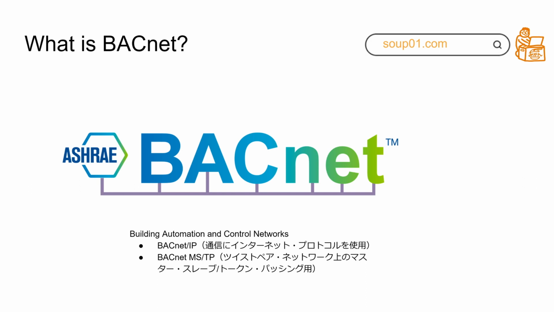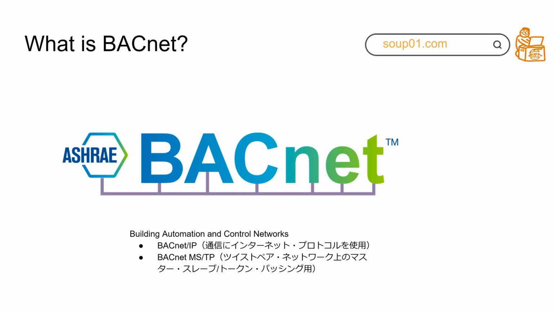Before we shift my video to TwinCAT, first of all, I would like to give you some basic concepts of BACnet. BACnet is now used by so many companies inside building automation that it is called the building automation and control network.